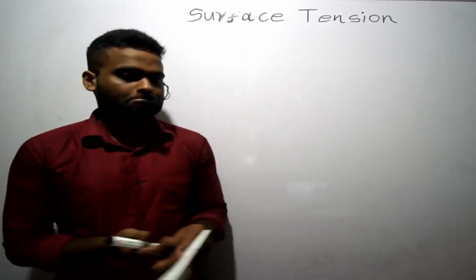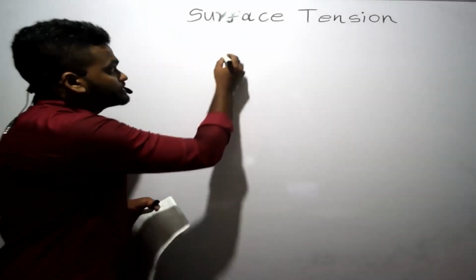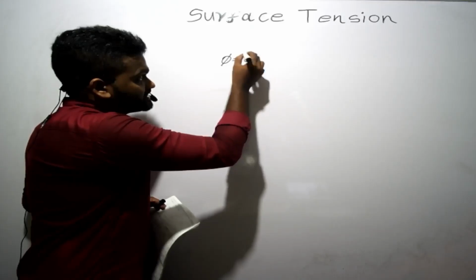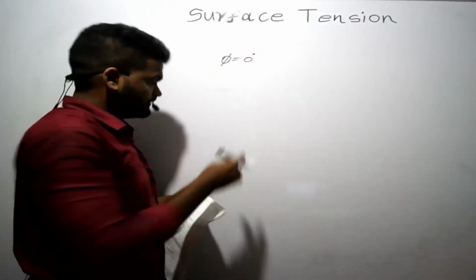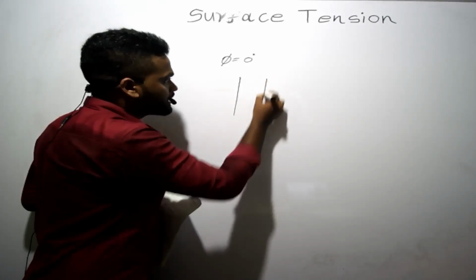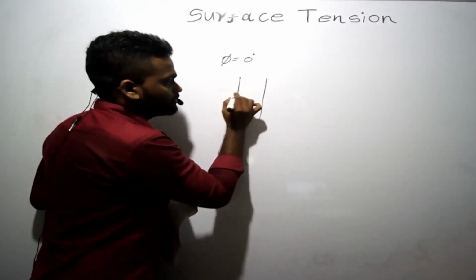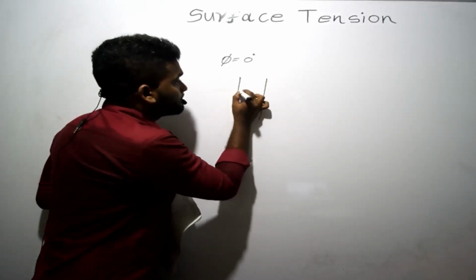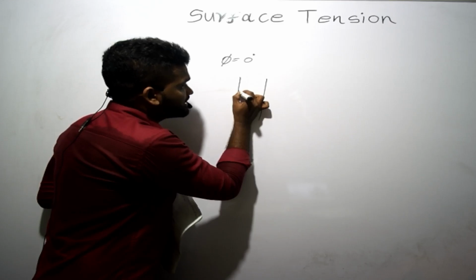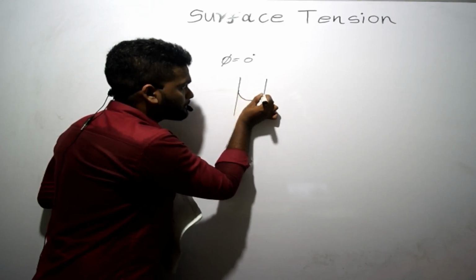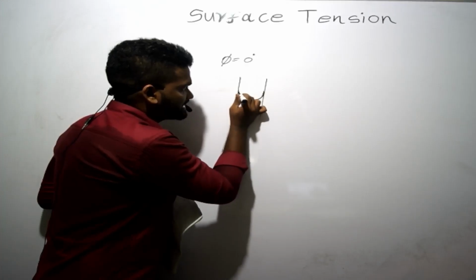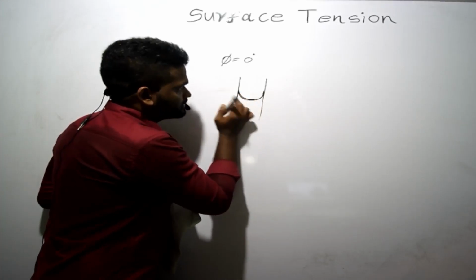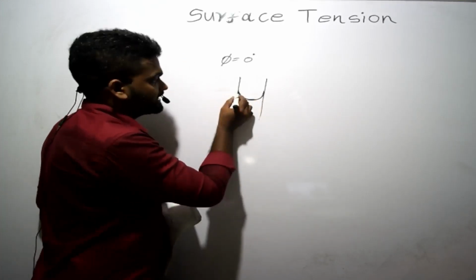Okay. So what happens when this is 0? Contact angle is 0. What's the shape of the meniscus? You know it takes a hemispherical shape, right? When the contact angle is 0, here the contact angle is 0.